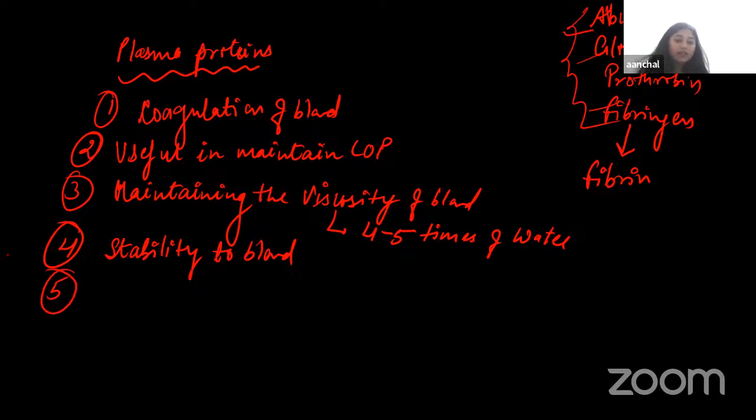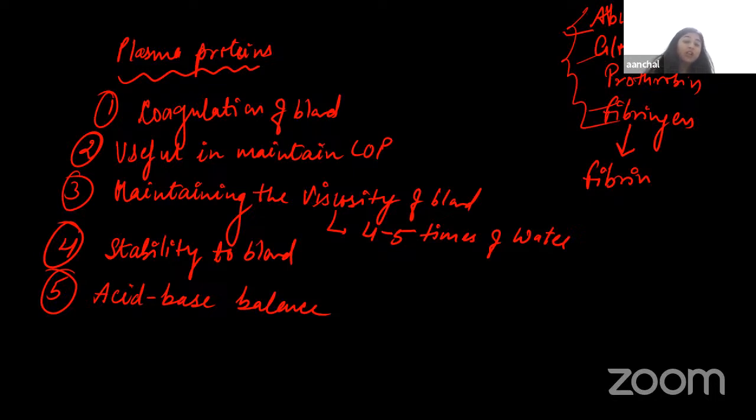Then next we have, it is very useful in maintaining acid-base balance. So as we know, plasma proteins are amphoteric in nature. Depending upon the circumstances, they can act as acid as well as base.